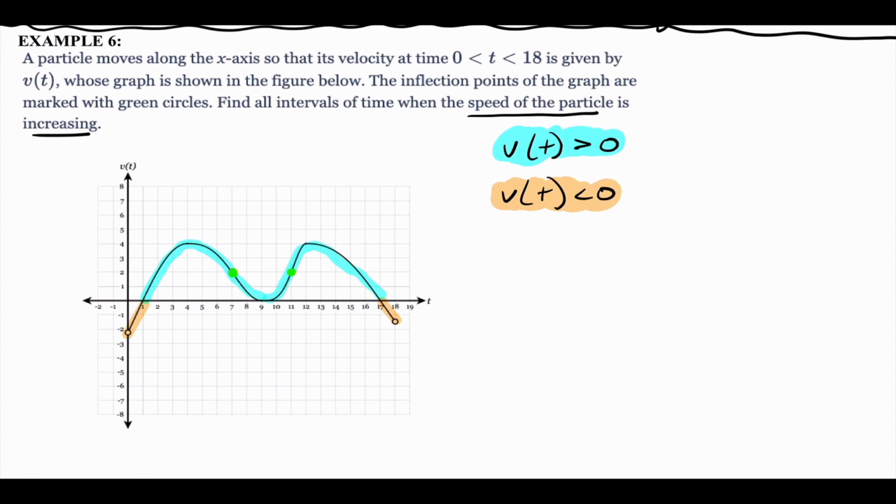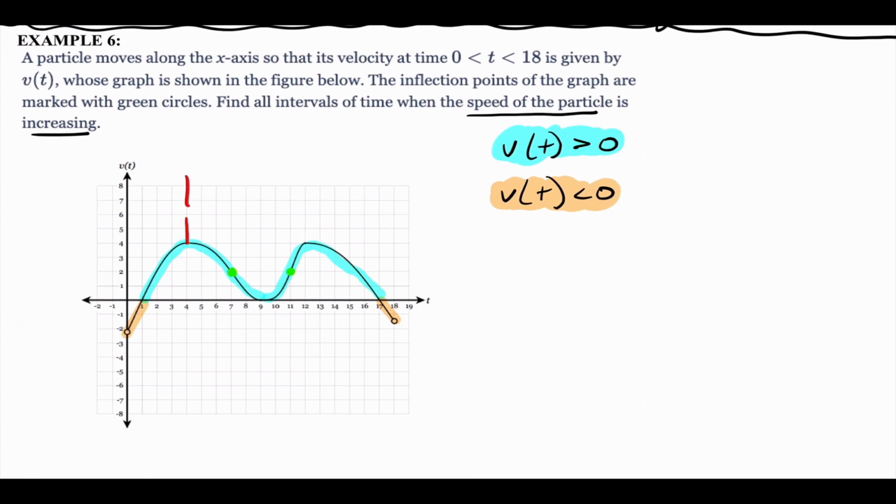Okay? Now, next thing is, when is acceleration positive and negative? How do we know when acceleration is positive? So acceleration is this guy's derivative. So when is acceleration going to be positive? When it's going uphill, increasing, yep. Decreasing means negative, okay? So it looks like it's increasing up until here, then decreasing around 9, then increasing again until about 12.